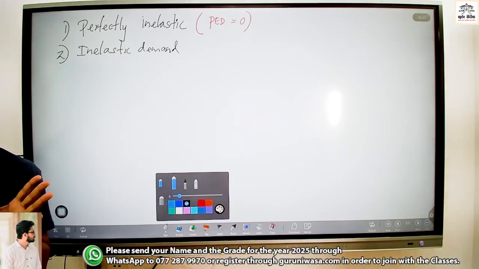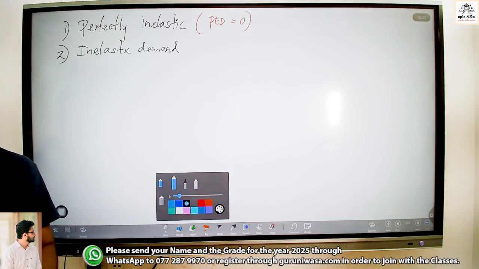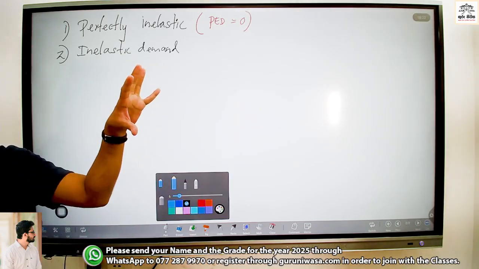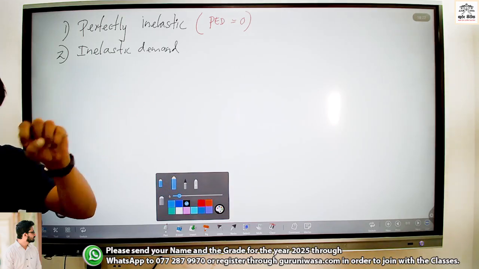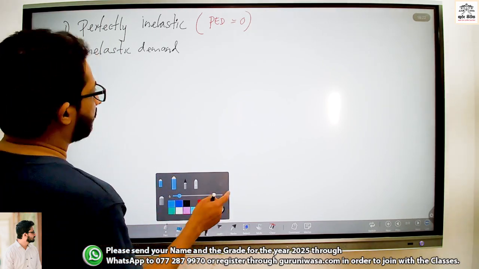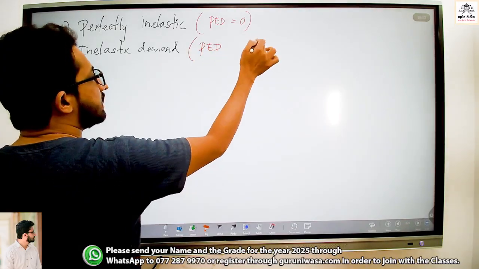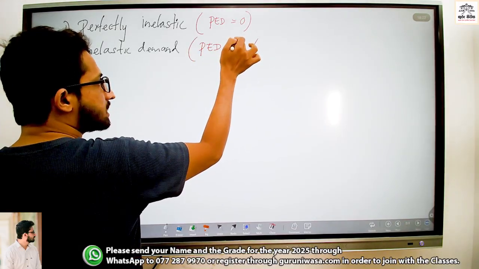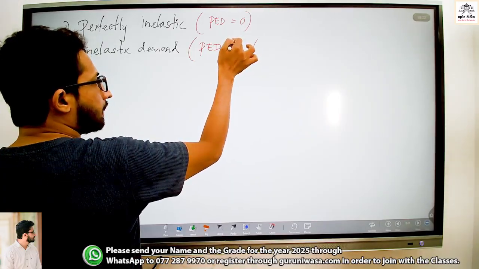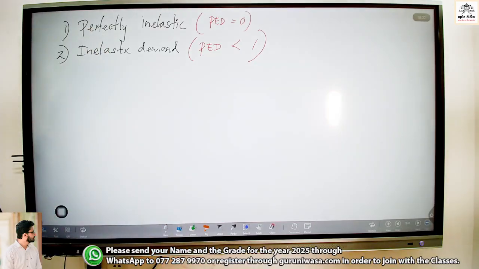Forget the minus sign. I told you last day, when making decisions in economics, we forget this minus sign. But in calculation, the minus sign should be there. Inelastic demand: PED value is less than 1.